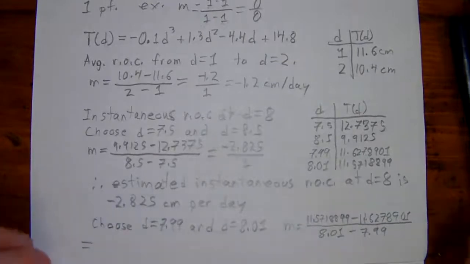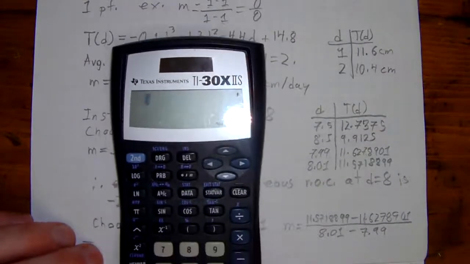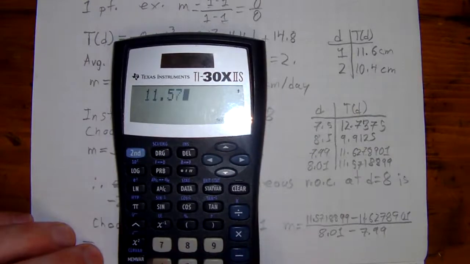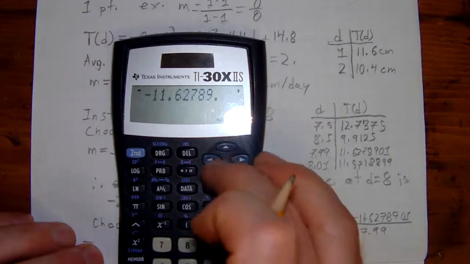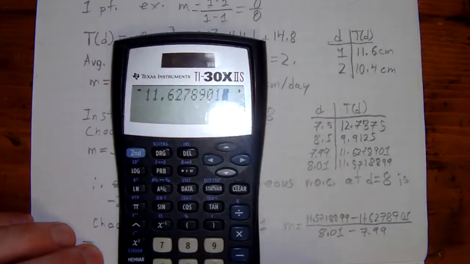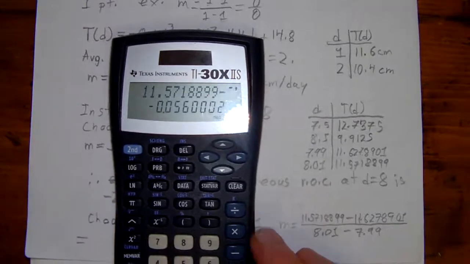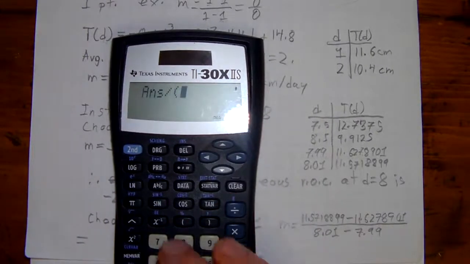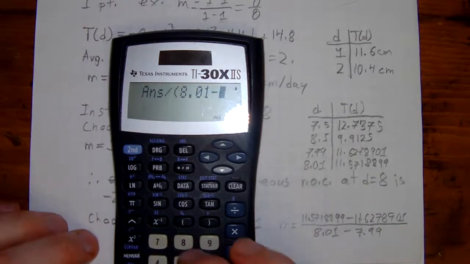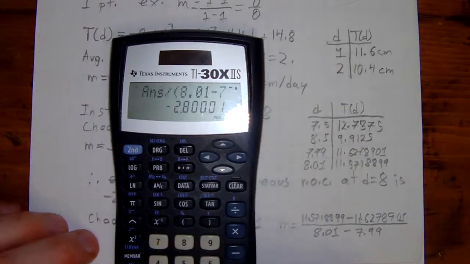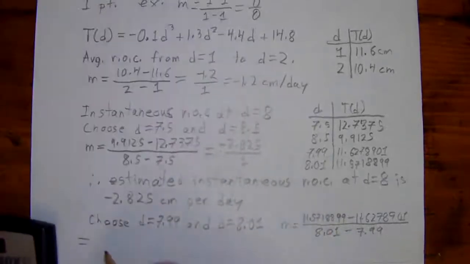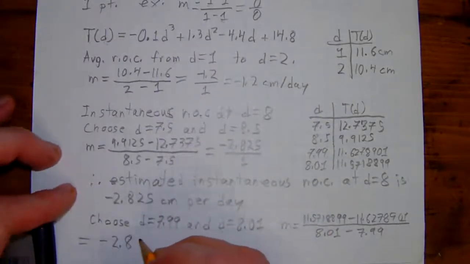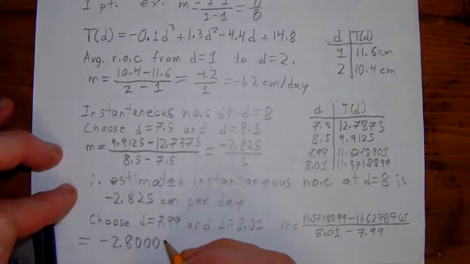And if we evaluate that, try it out here, 11.571889 minus 11.6278901. So that's my numerator, and I'm going to divide it by 8.01 minus 7.99, and I'll get negative 2.80001.